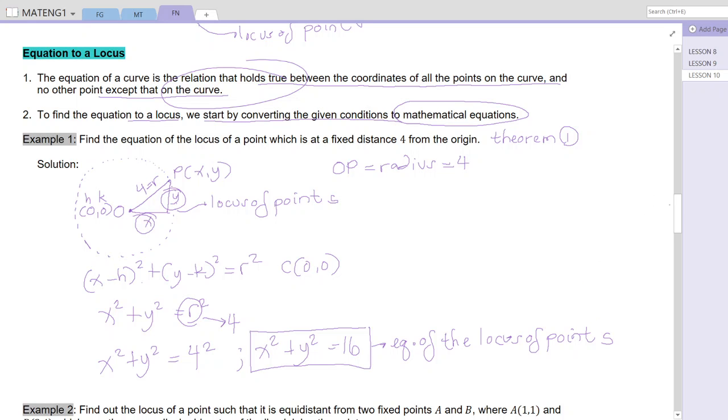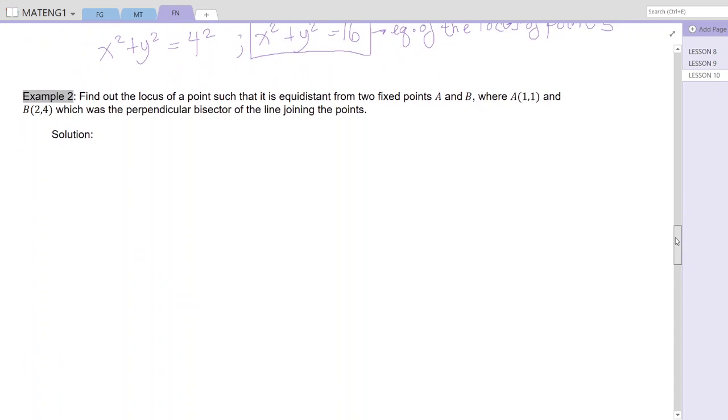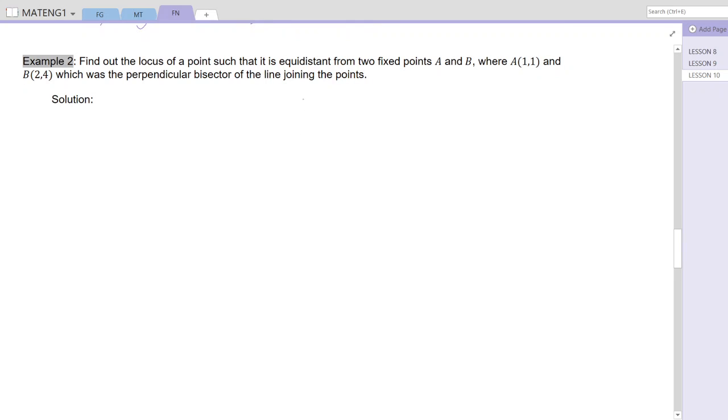Moving on to example number 2. Find the locus of a point such that it is equidistant from two fixed points A and B, where A is at (1, 1) and B is at (2, 4), which is the perpendicular bisector of the line joining the points.